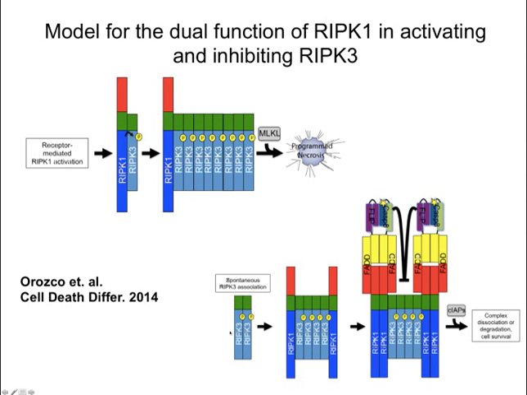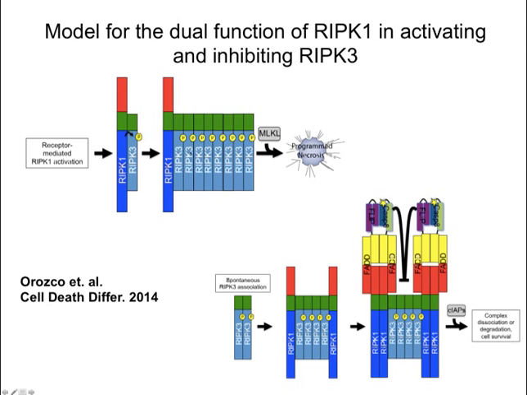However, in the cytosol, we think that RIP3 can spontaneously form oligomers, that essentially RHIM domains are a little bit sticky, and sometimes they can stick together and start to oligomerize. When this happens, RIP1 is actually also recruited to these growing oligomers in the cytosol, and this in turn leads to the recruitment and activation of caspase-8, which then suppresses further oligomerization, leads to complex dissociation, degradation, and cell survival.